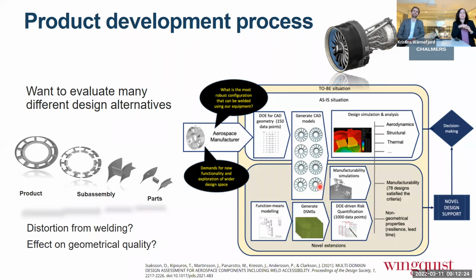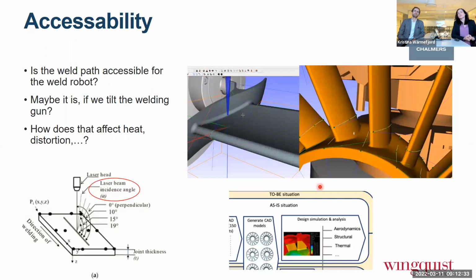But that is not the only thing that we need to evaluate, because sometimes there is a problem with the accessibility. So as you see here, those are kind of complex geometries, and it's not obvious that we can access the welds with the welding gun. Maybe they are blocked in some way and we cannot weld too close to another part, perhaps, because then we do not get access.